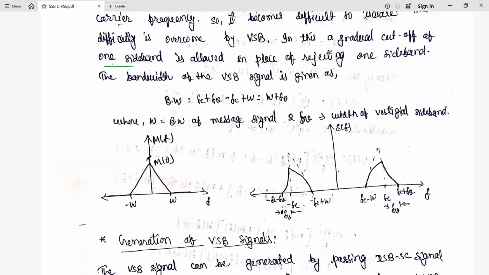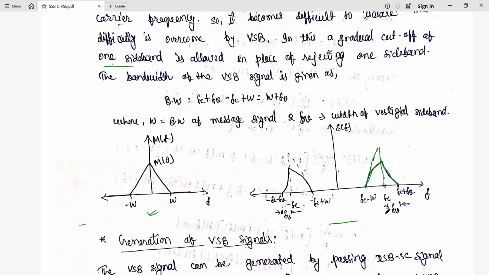Here, if you see the waveform, this is the baseband signal and this is the spectrum of the VSB. If you have only one sideband, it looks like this in the case of the lower sideband. Whereas in the case of VSB, this sideband portion along with a portion of the other sideband is there.